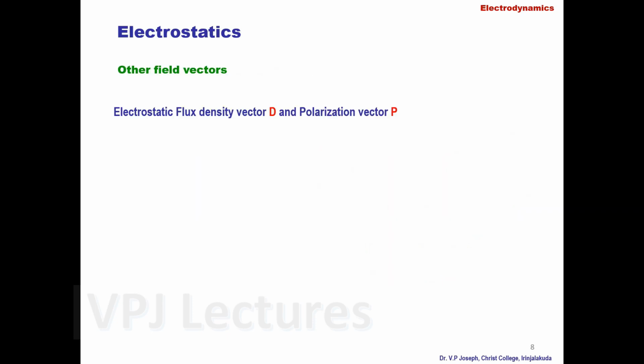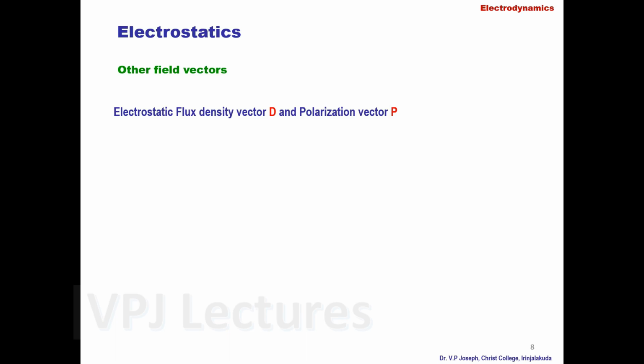Then we have to discuss two more vectors in this context, that is the field vector D and the polarization vector P. Now the field vector D, as I have mentioned just now and in the earlier slide, usually represents the case of a material medium.